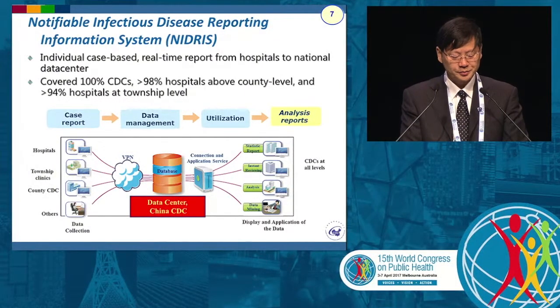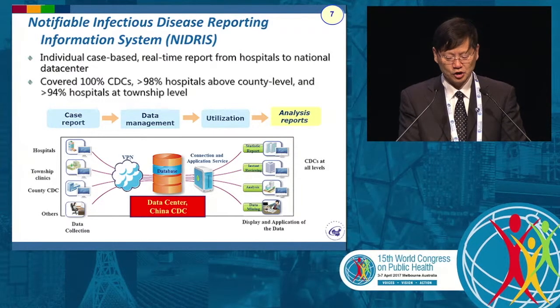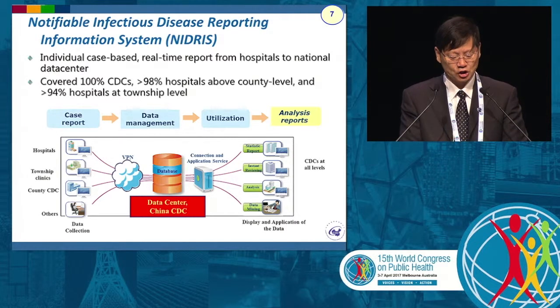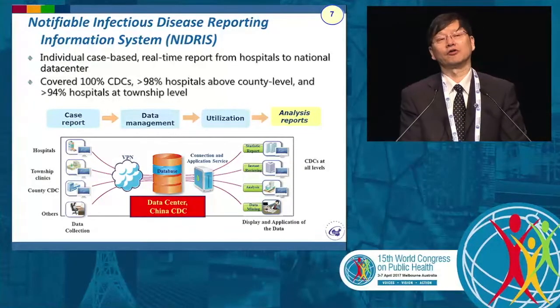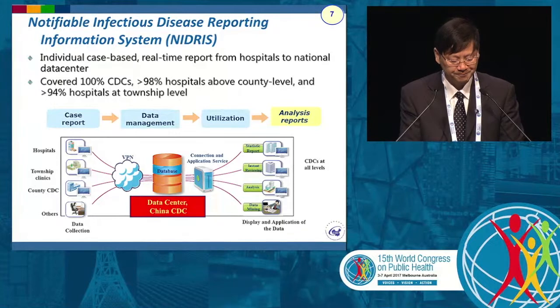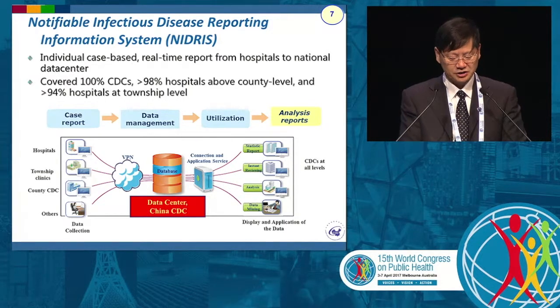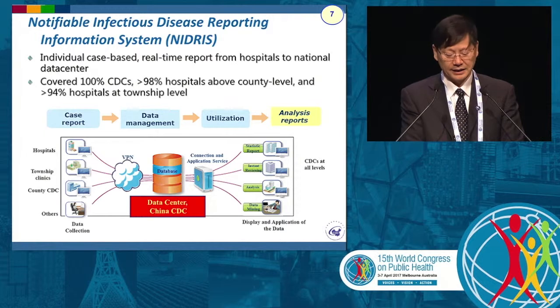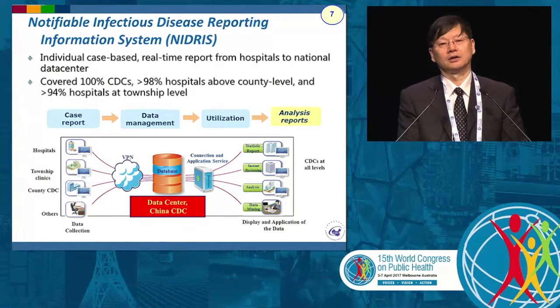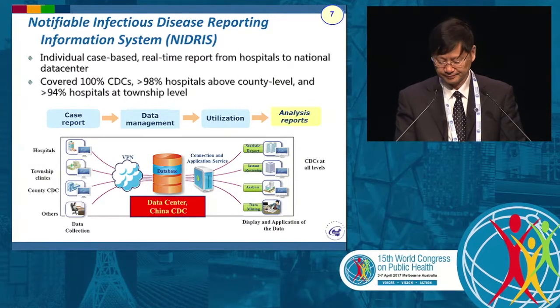The other hospitals will report the data by traditional means to the local CDC at the county level, such as telephone and email. Then the public health staff in the CDCs at different levels will regularly analyze the data in the system.